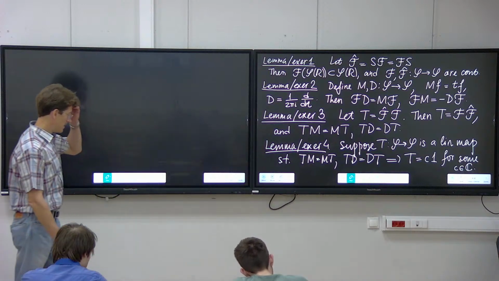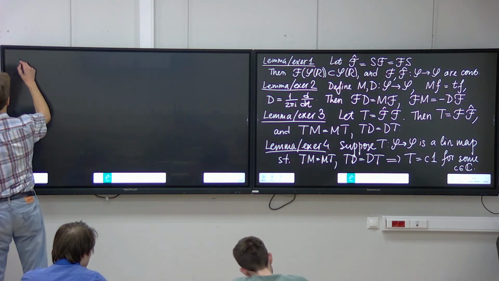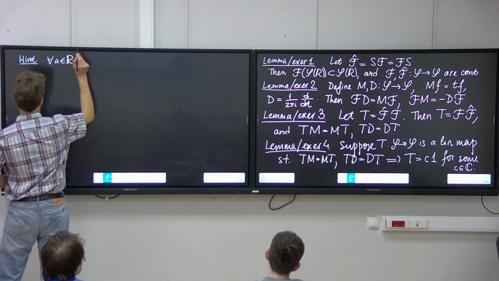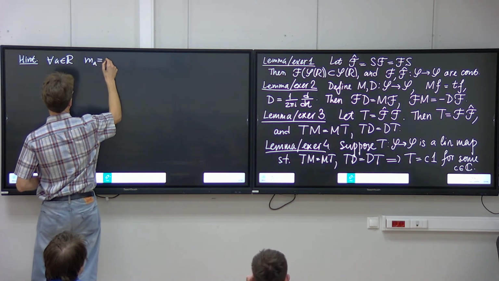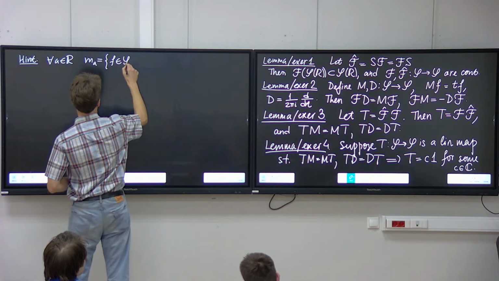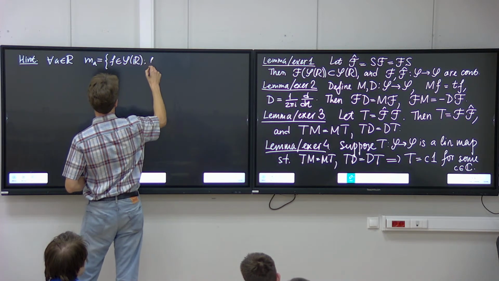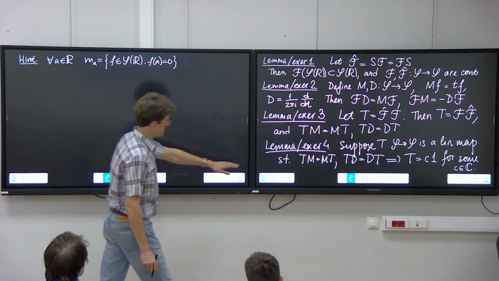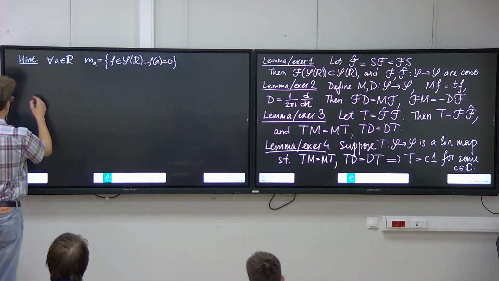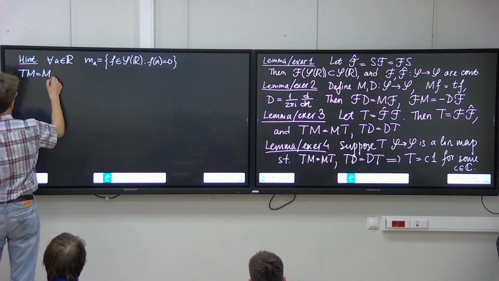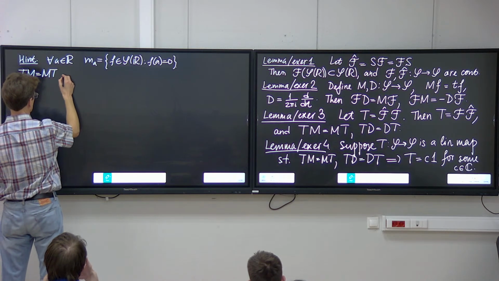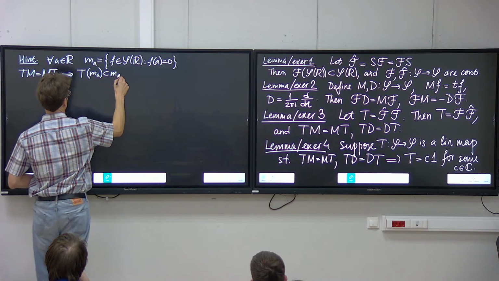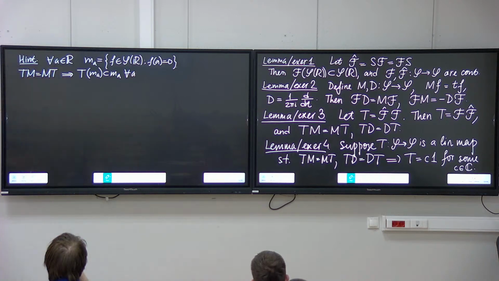Well, let me give you a little hint to this exercise. For every number a, we can introduce the following subspace M_a, which consists of those functions in the Schwartz space which vanish at a. Now, the fact that T commutes with M actually implies that T takes each such subspace to itself. So all these subspaces are T invariant, and this is true for all a.